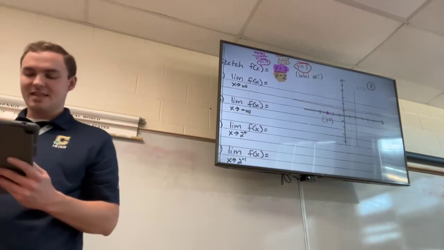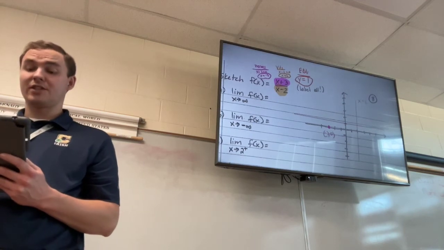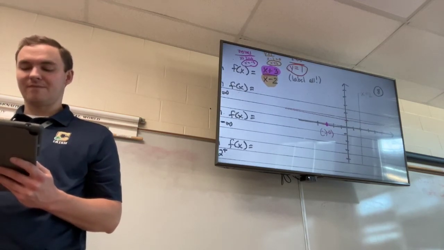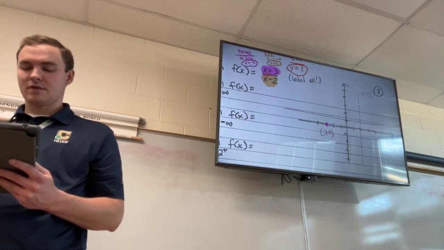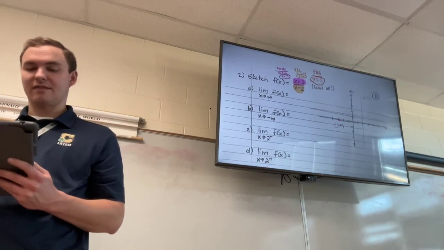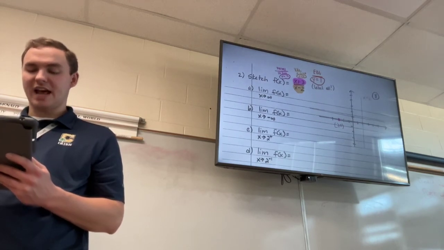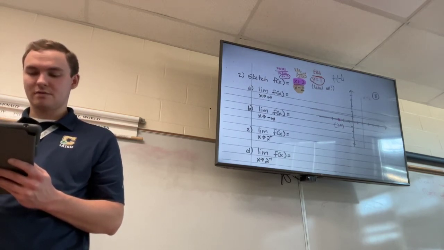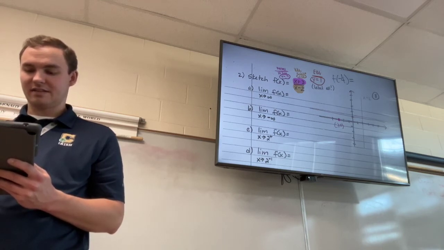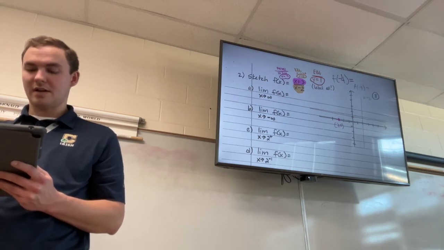Okay, now I start to the left of either my first 0 or my first vertical asymptote here, right? So what's my sign to the left of -3? If I plug in f of -4, I get -1 over -6, which is greater than 0.